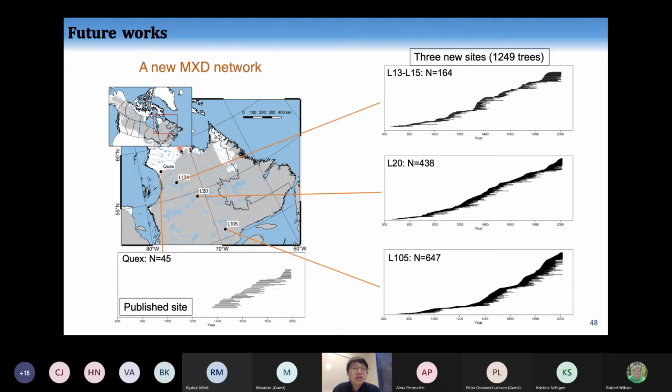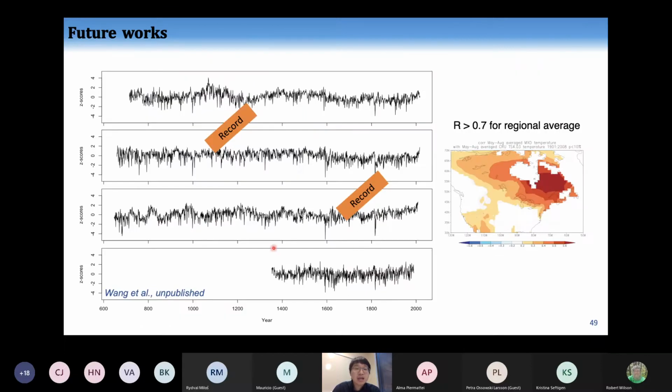In fact, I'm developing a new MXT data network for the Eastern Canadian taiga. The network consists of 4 sites, where 3 sites are completely new. I performed the measurements from an unprecedented number of trees, in total 1,249 trees from these 3 sites. As a consequence, we obtained 3 well-replicated millennial ring width and MXT chronologies plus a published chronology.